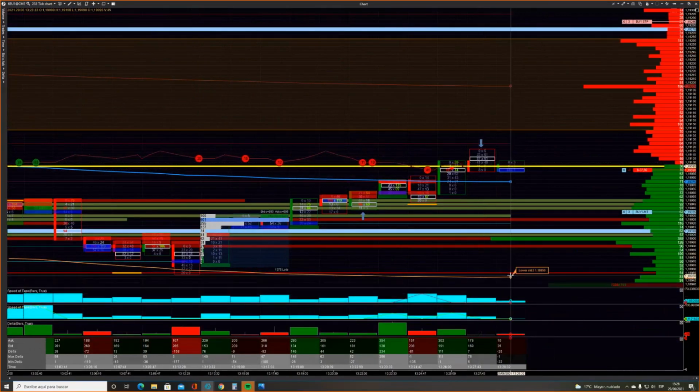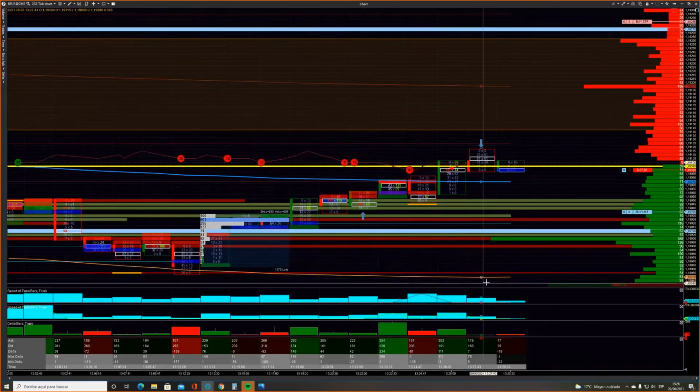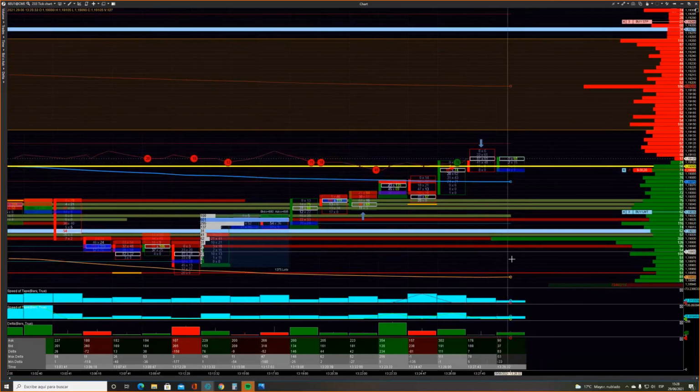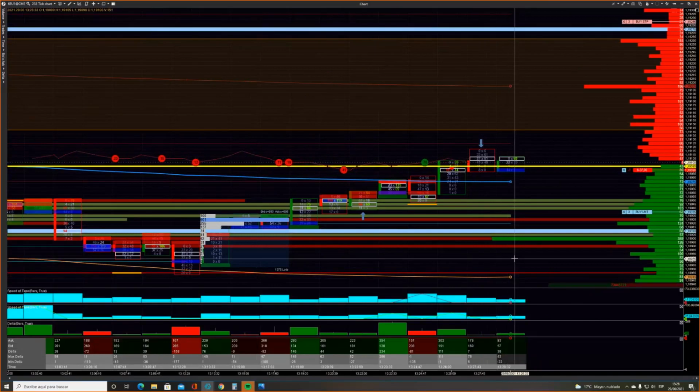The lower standard deviation is actually flat in here because of the upper movement. So let's see what's going to happen in the next few minutes. We still have a few minutes left, so we can see the whole thing.